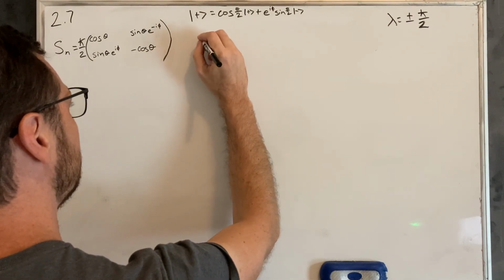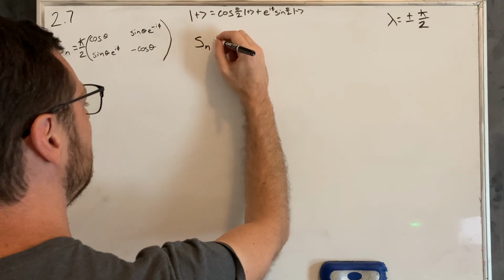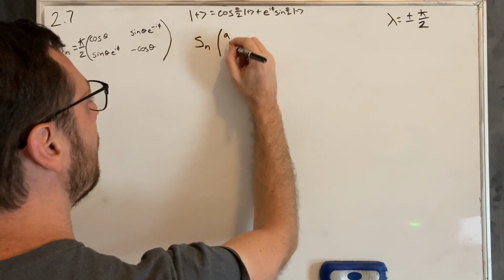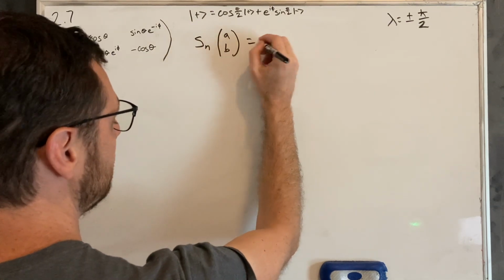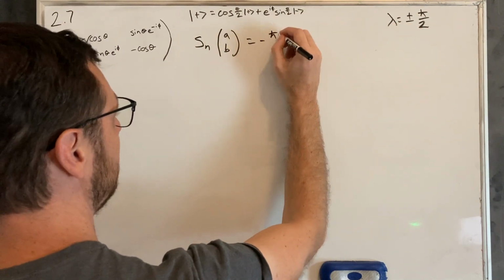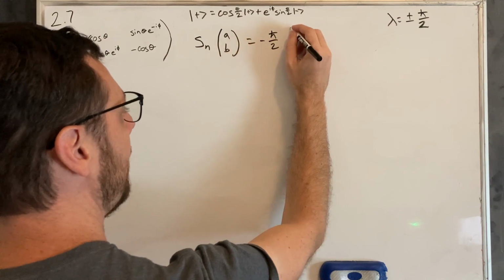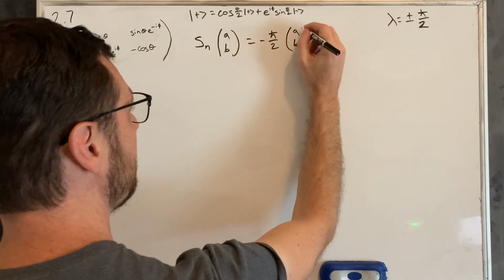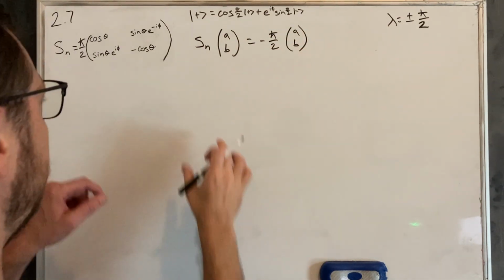And remember once again, if we apply our Sn operator to some unknown vector, what we should get back is our eigenvalue. So we're going to be doing negative h bar over 2 this time, and then our vector back. All right, so we'll go ahead and plug this in here.